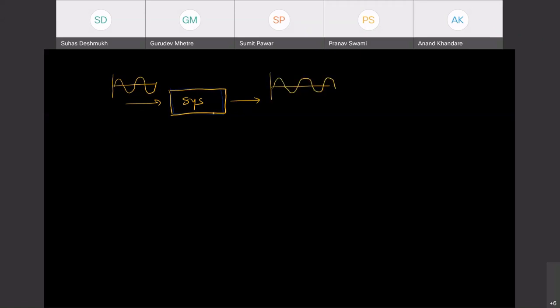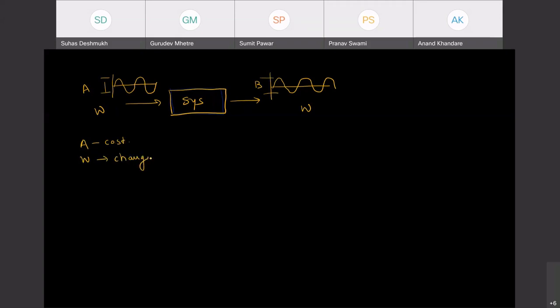This is my output oscillation. This may be an amplitude A, I will say. Here, omega is my frequency. The same frequency you can observe here. Now what I will do is keep this amplitude constant, okay, and make omega change.